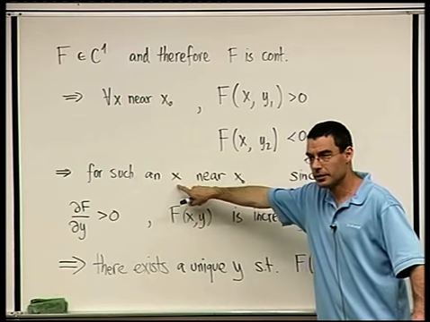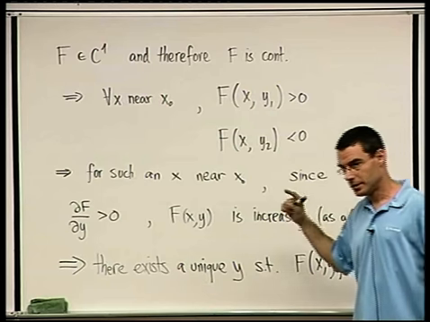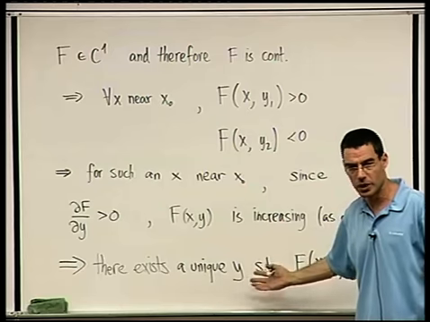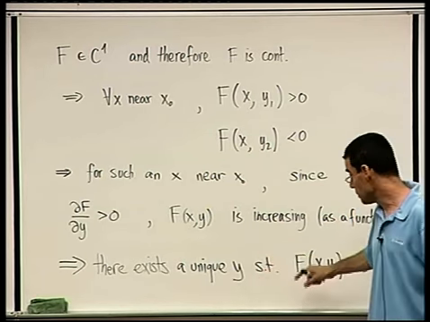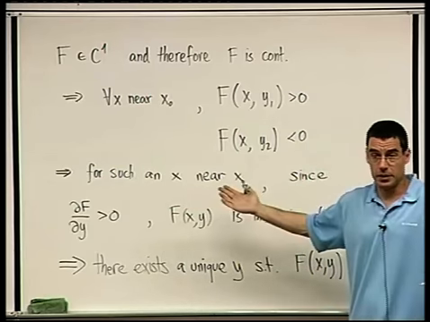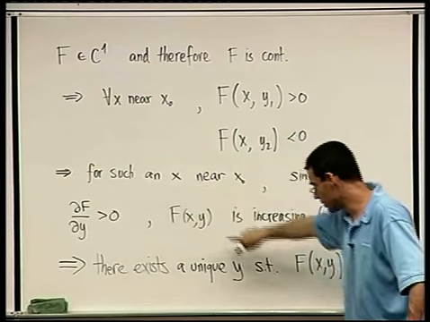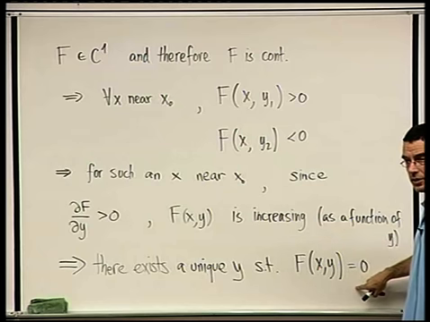I took an x, I found a y, a unique y. I'm saying it again. I took an x, I found a y. What is that? That's a function. Okay, so we just found an implicit function. I don't have a formula, but given an x, there is a unique y such that if you plug in that y, you get 0.